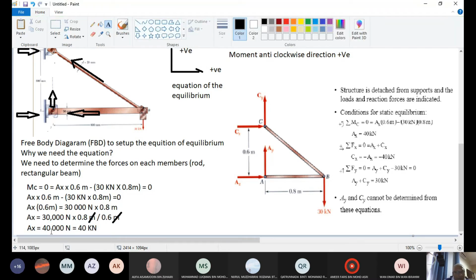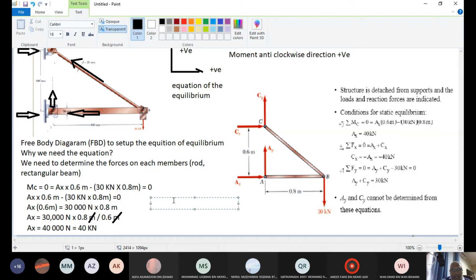Now you have some number. So Ax is 40 kilonewton. So you place the Ax into the equation. Remember here we have an equation earlier.